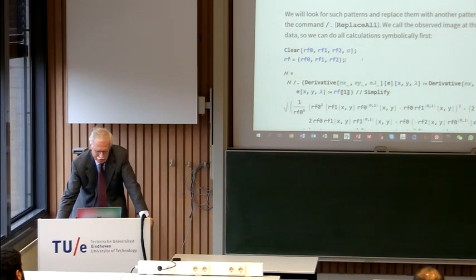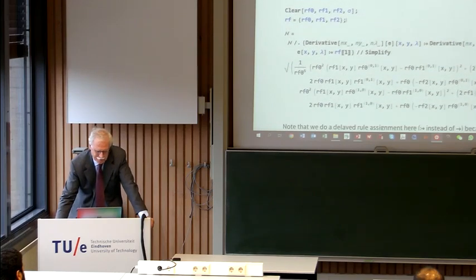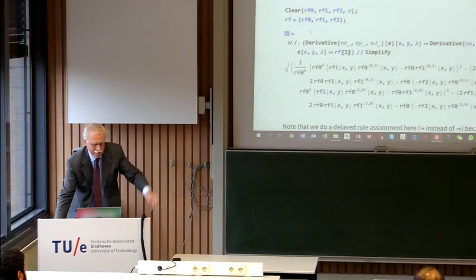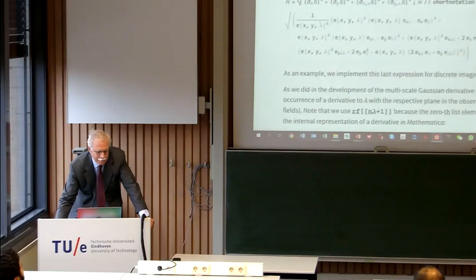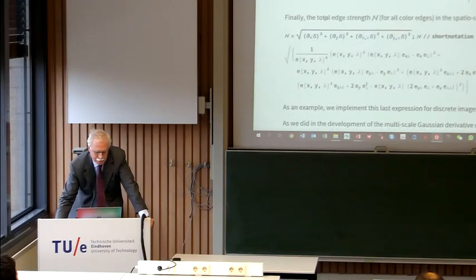Well, now if I have this invariance, that was my derivative, and n, just an example, it's called the total edge strength. So n is the gradient in the x direction, and it is the gradient in the x lambda direction. Quite a complicated thing. I call that n.